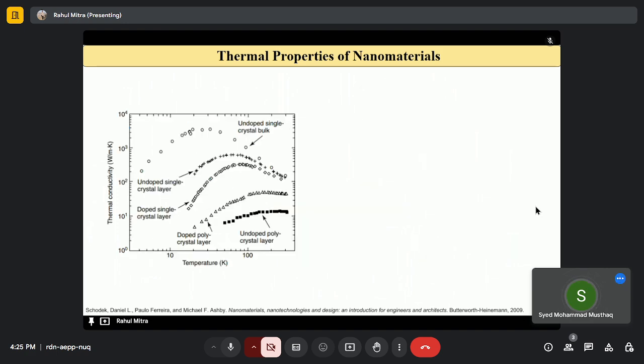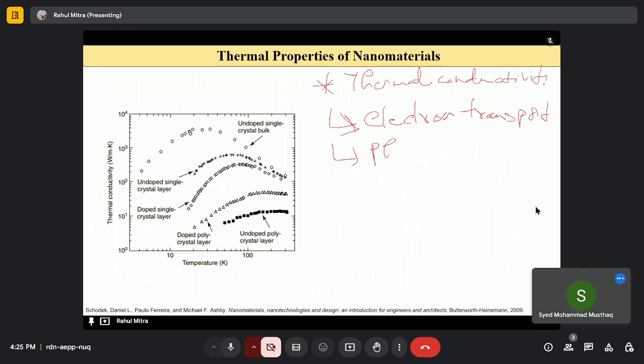Moving on to the next one, which is the thermal properties, where we are discussing the last part, the thermal conductivity. Thermal conductivity arises from two parts. One is from electron transport, the other is from phonons.